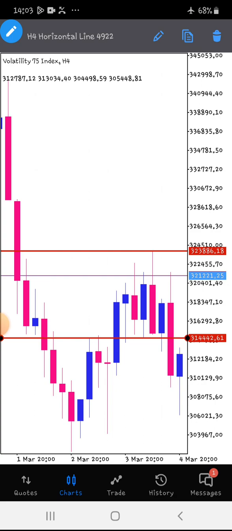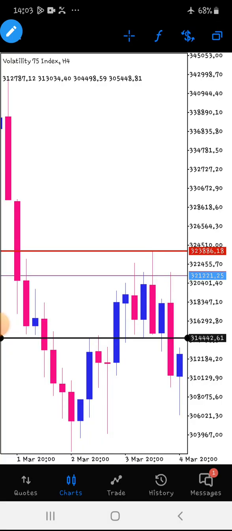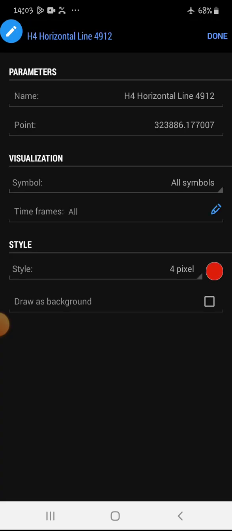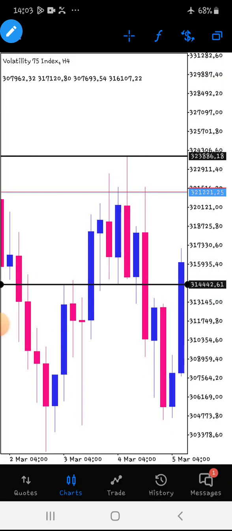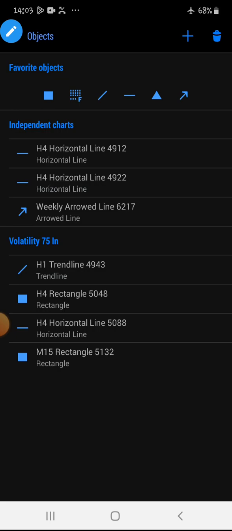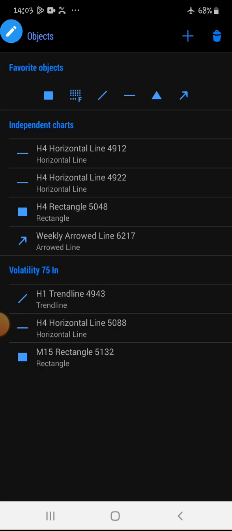Let me change the color of these horizontal lines. We turn them to black, very well, like that. So we have to highlight it. Let us highlight it that way.